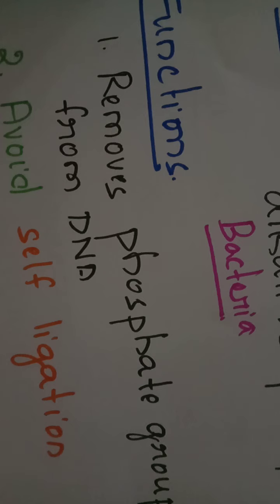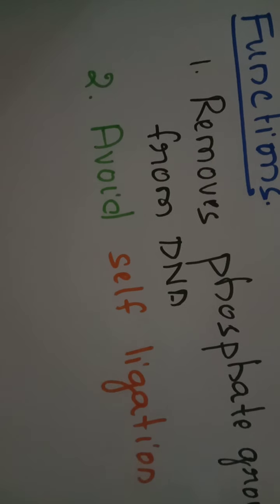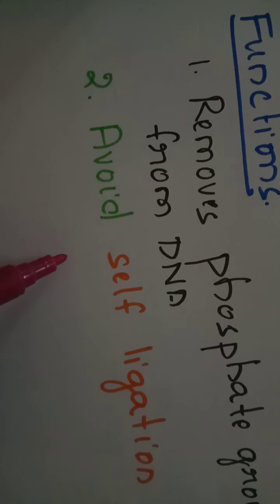Now coming to the functions of alkaline phosphatase. The major function is to remove the phosphate group from the DNA, and it is also used to avoid self-ligation. What does self-ligation mean? In the first class we studied that when we make a recombinant DNA, we have one vector and one DNA insert.